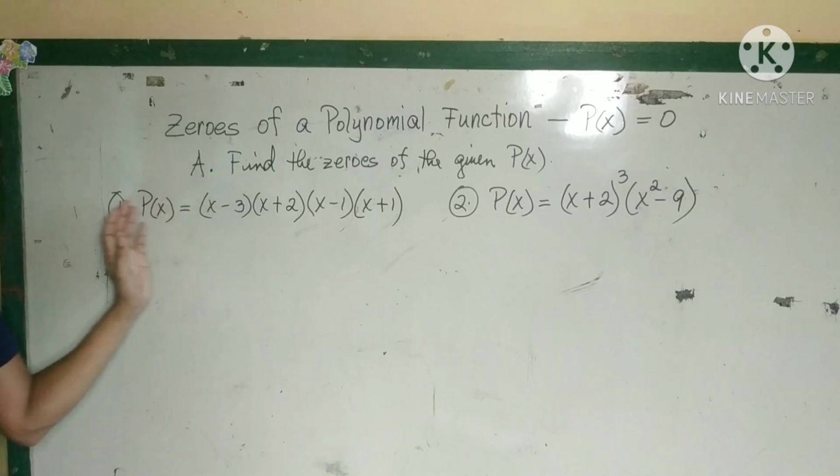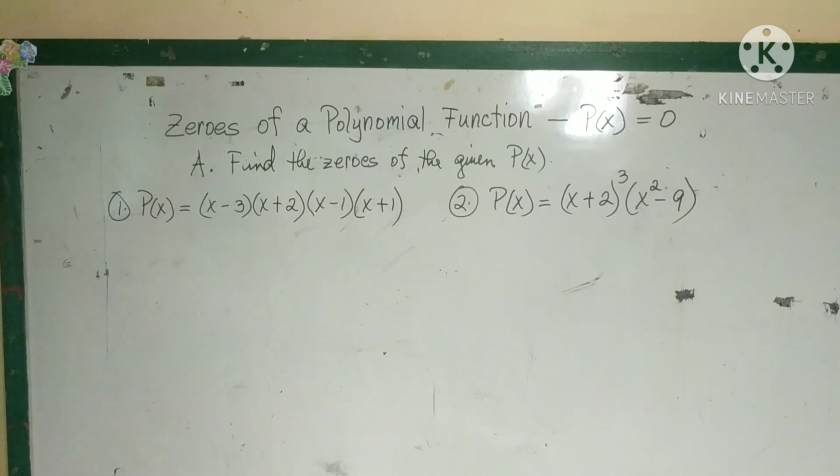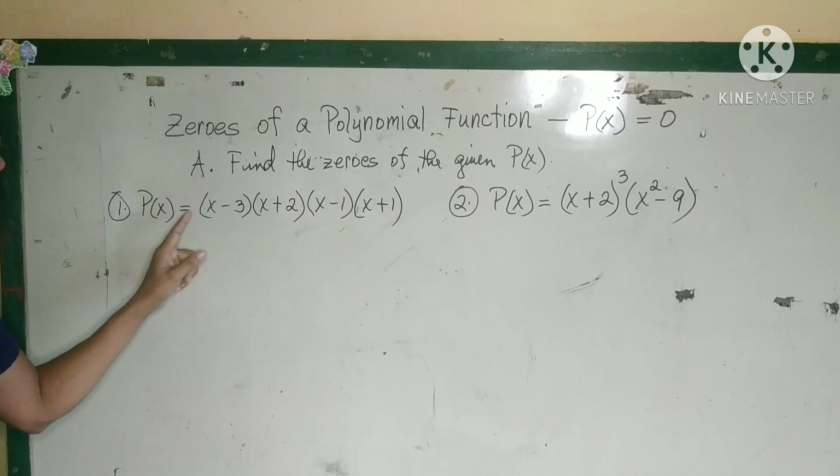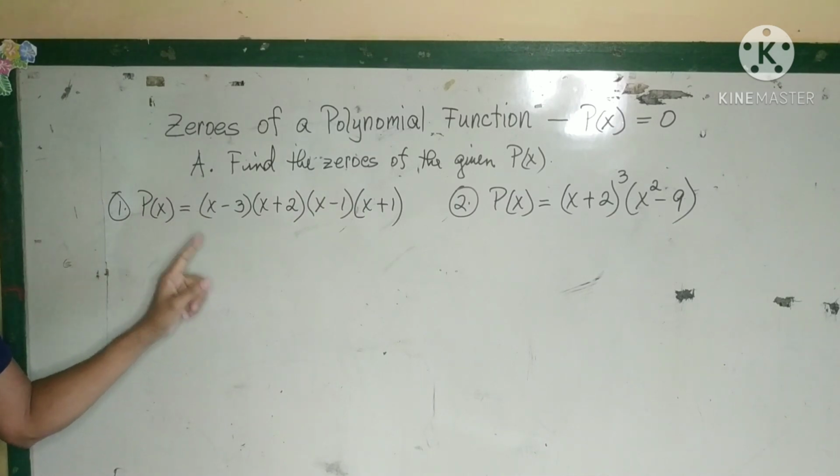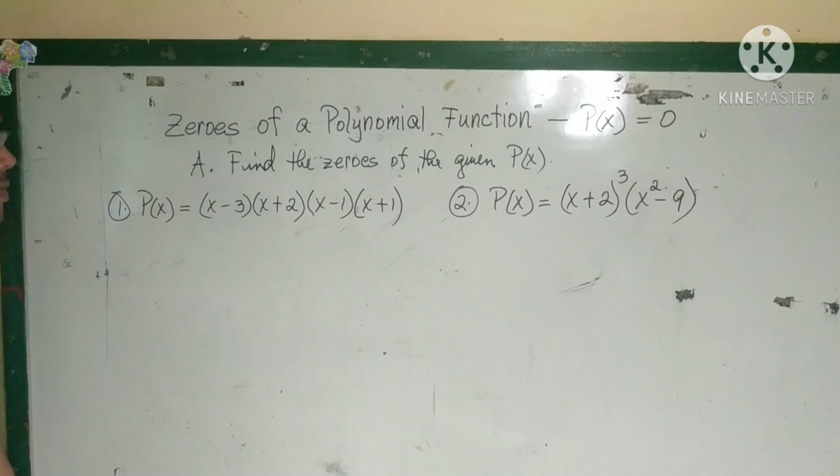Let us consider our first two examples. Find the zeros of the given p of x. Number 1, p of x is equal to x minus 3 times x plus 2 times x minus 1 times x plus 1.